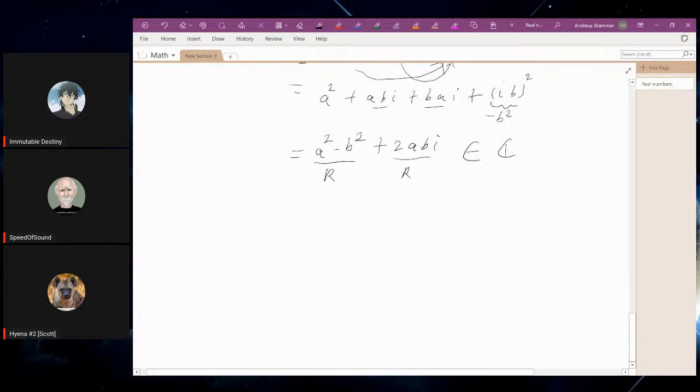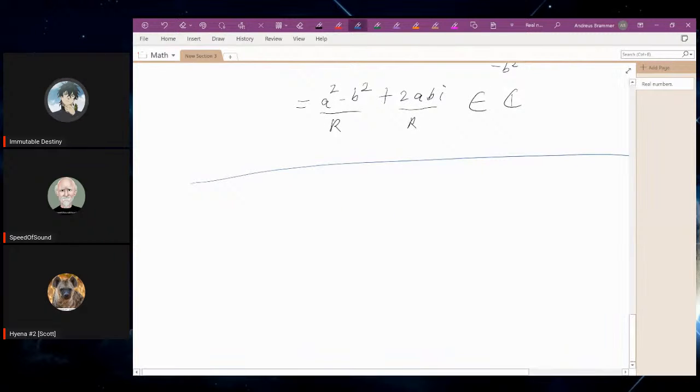Great. Now, here's where things get a little bit more interesting. Let me introduce the idea of what's called a complex conjugate.